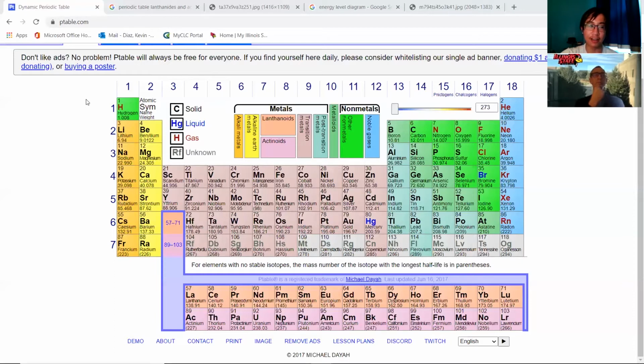And if we are this far in the course already, we know that there is the s orbital, the p orbital, the d orbital, and the f orbital in that order. And if we look at how the periodic table is arranged, can you help me out here?